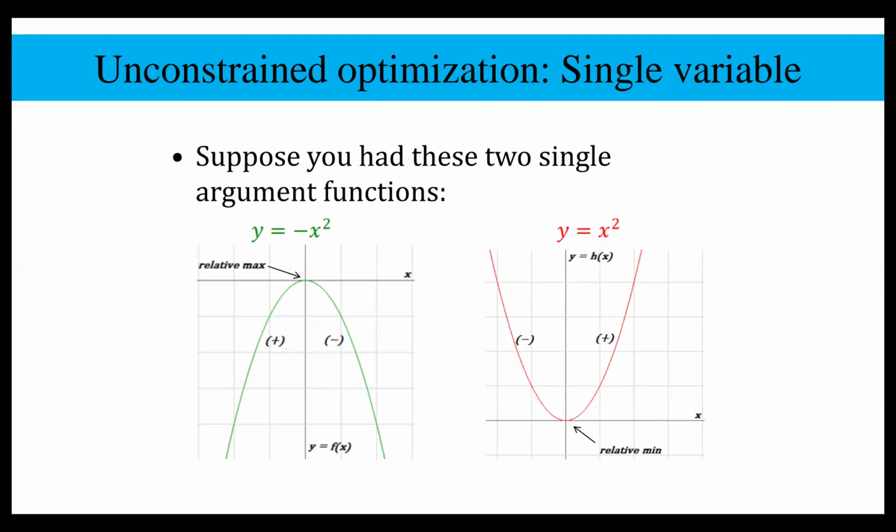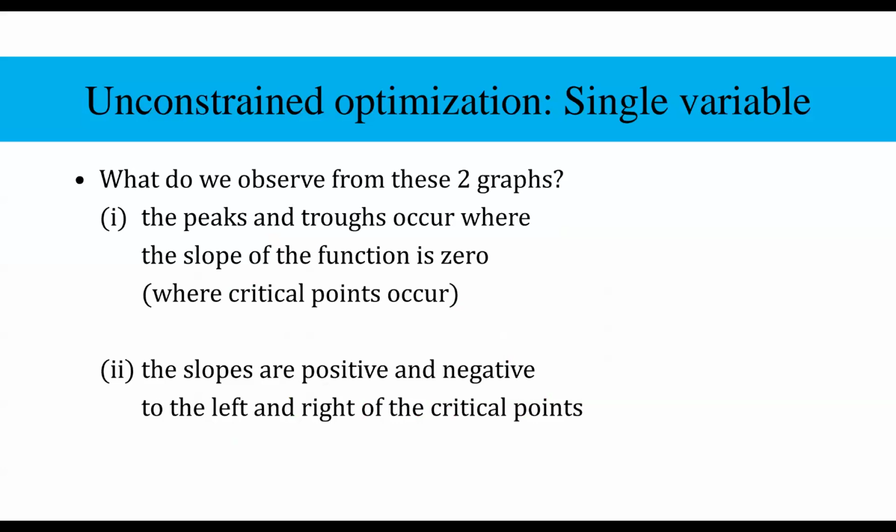Having scored that, it is important to understand that we do observe from the two graphs that the peaks or the troughs occur where the slope of the function is 0, at the top part or the pinnacle of the graph. That's where you find the critical points.